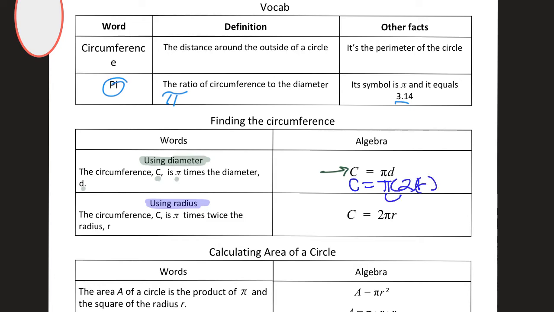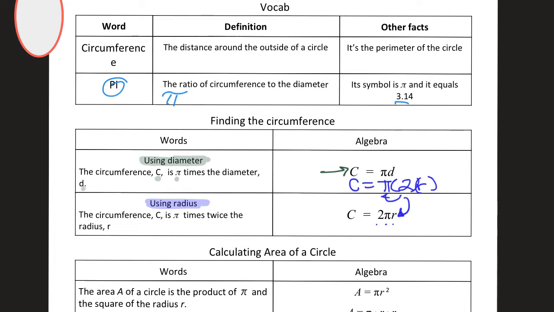Okay, so it's just rearranged so the number is in front. And that's where this formula comes from. So if you're using diameter, it's just pi times the diameter. If you're using radius, it's 2 times pi times the radius. Okay?